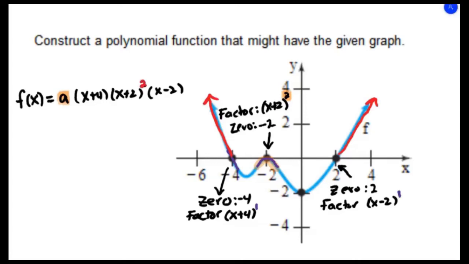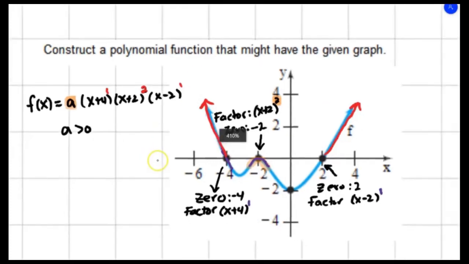So we have 2, 1, and 1, so it's a 4th degree polynomial. The ends are going in the same direction, and these ends are going both up to positive infinity. So that means that our leading coefficient will be positive. If our end behavior was going down to negative infinity, then our leading coefficient would be negative.